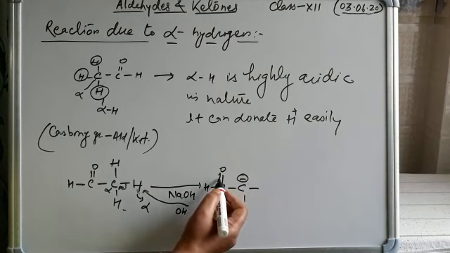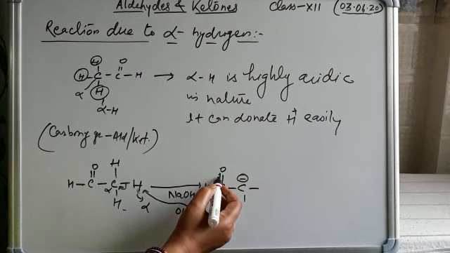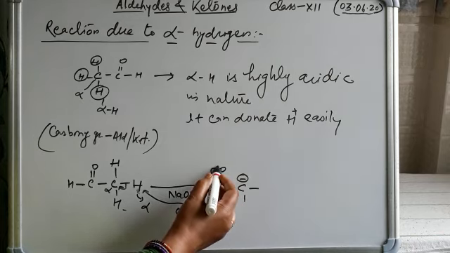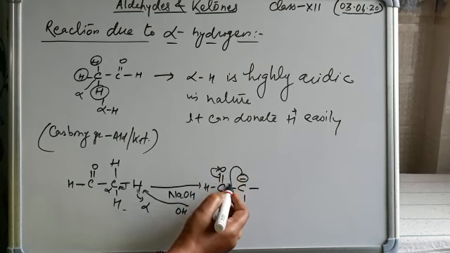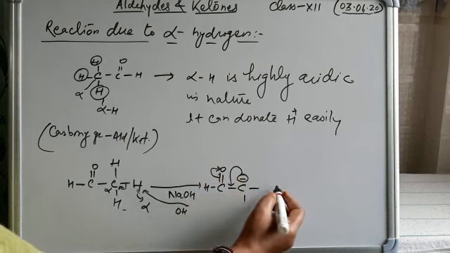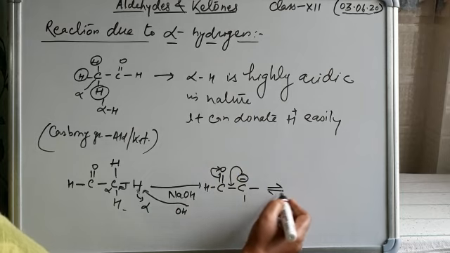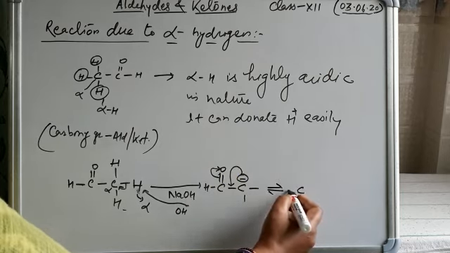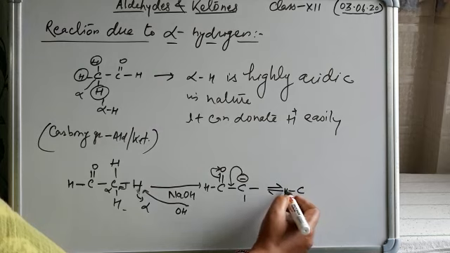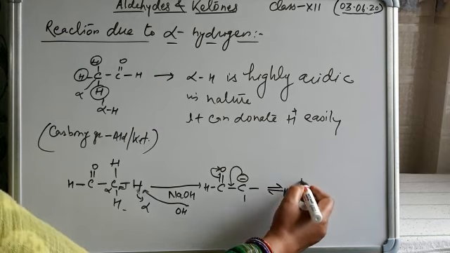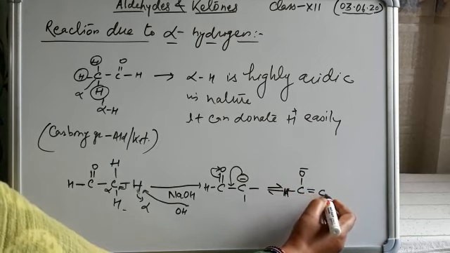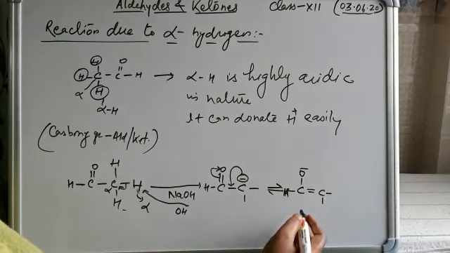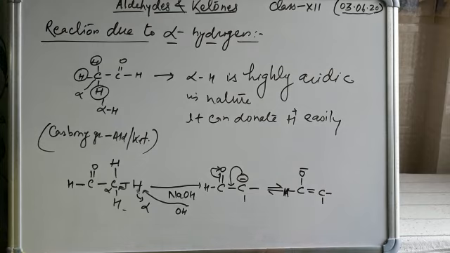We can easily say that the pi electrons present between the carbon and oxygen shift towards the more electronegative oxygen, and this negative charge comes between the two carbons. So this type of structure is obtained, with a double bond between carbon and carbon. So the carbanion is stable.